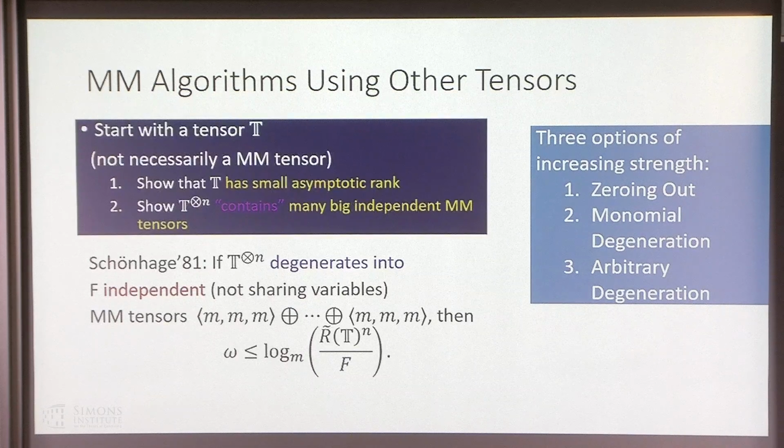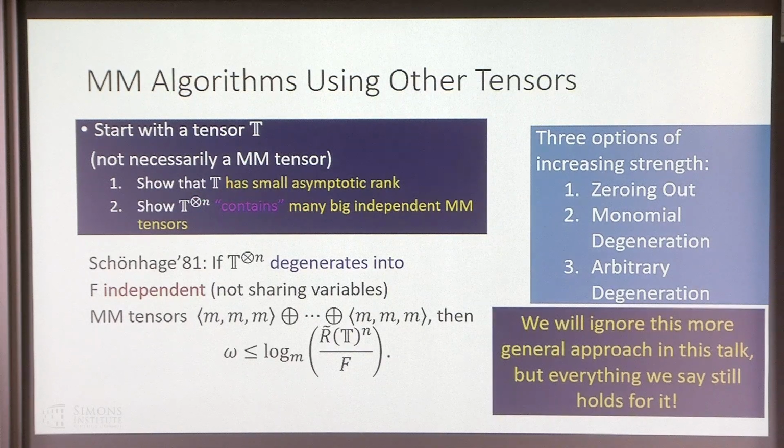It gives you this more general approach, which is you show that T has small asymptotic rank, and then you show that the tensor power contains many big independent matrix multiplication tensors, where many and big depend on n in the tensor. Okay, but for the purposes of this talk, so I don't keep writing direct sums, I'm going to ignore this, but keep in mind that everything I say actually applies there.